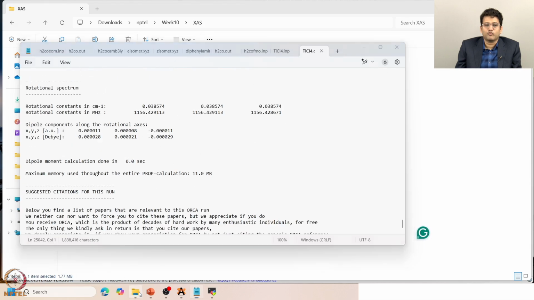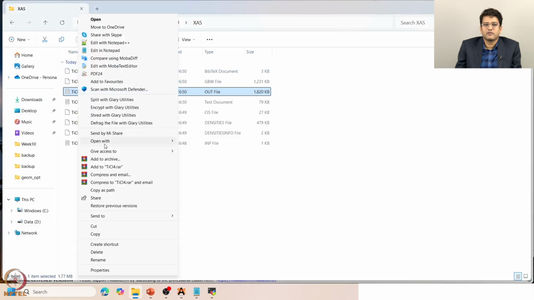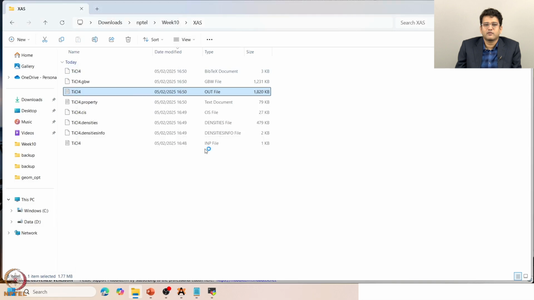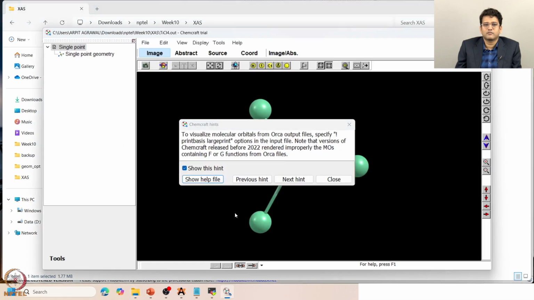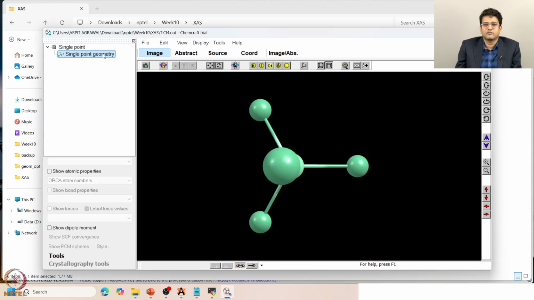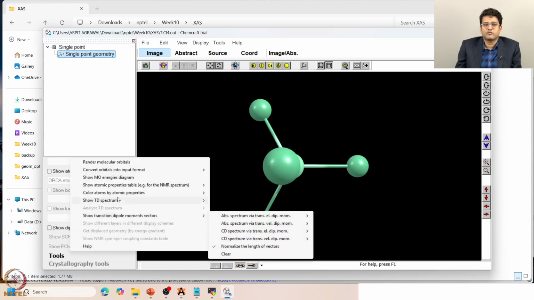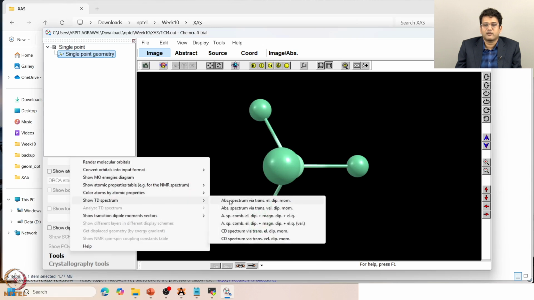So, if I now want to plot it using Chemcraft, first thing is to show the TD spectra.